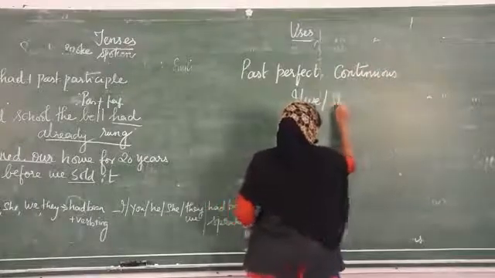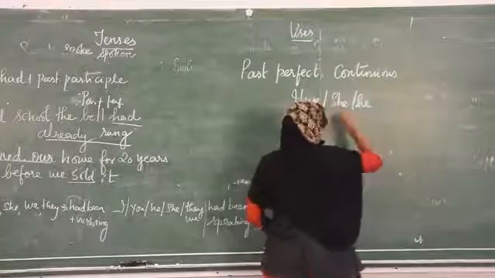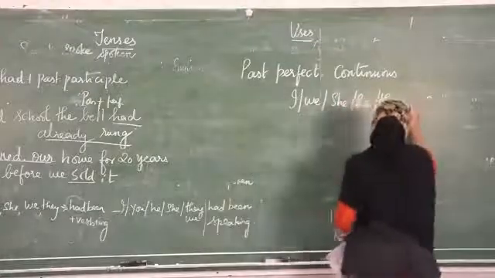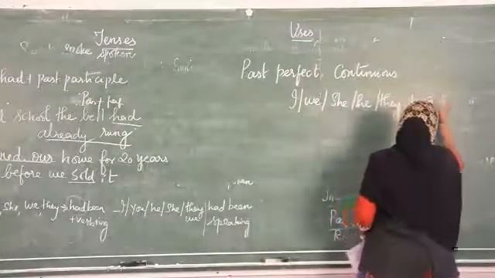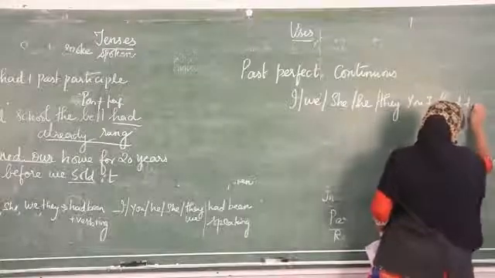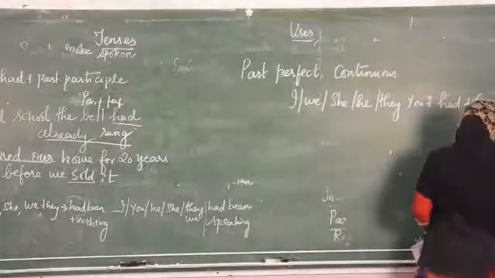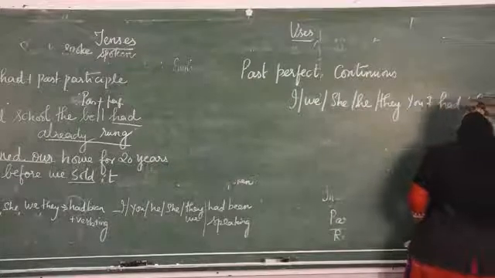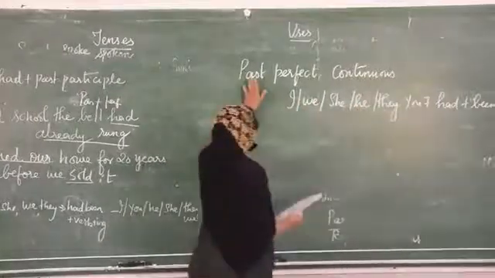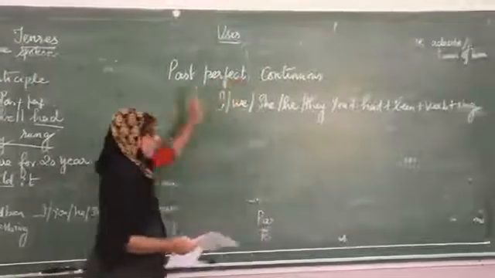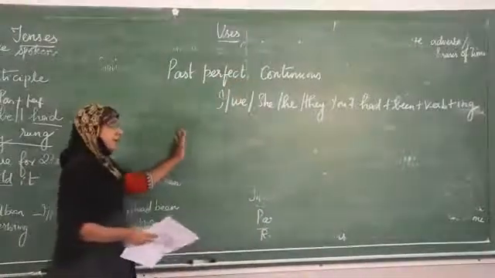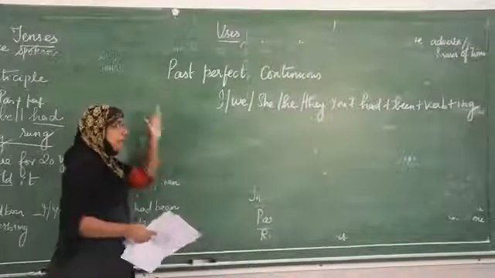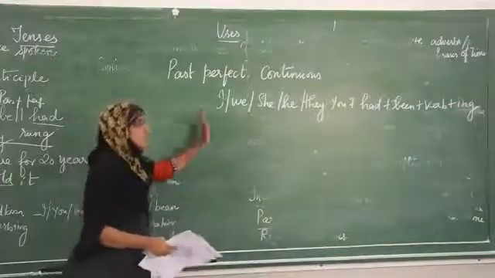I, we, she or he. First you should know how to form the sentence here, the structure. They, you, plus had plus been plus verb plus ing. Now when you have to use this, past perfect continuous refers to an action which had begun in the past and it was continuing in the past before the second action took place.